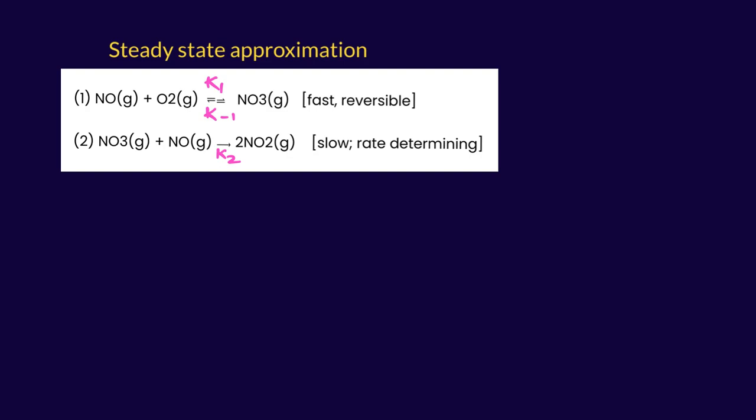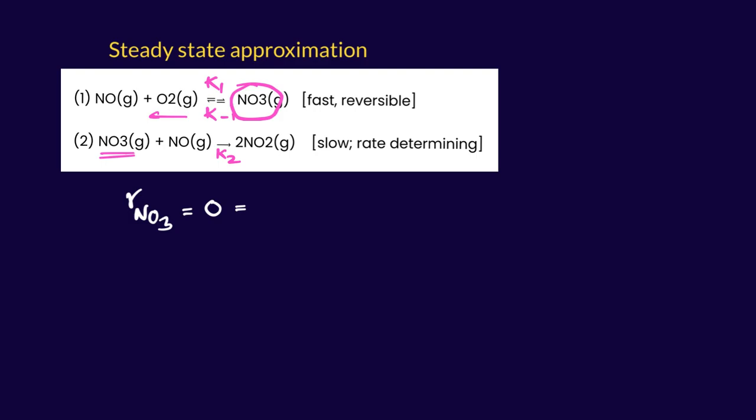The rate of formation of NO3 is equal to 0. Reason: it is formed in the first step and consumed in the backward reaction, and also consumed in the second step. Totally its net formation is 0, meaning the concentration of NO3 is constant.